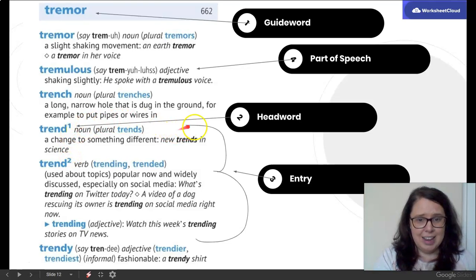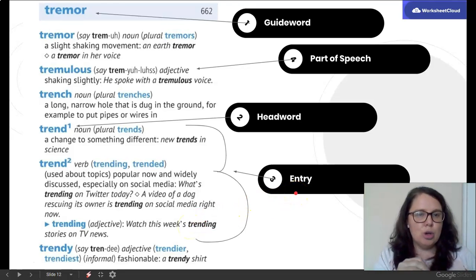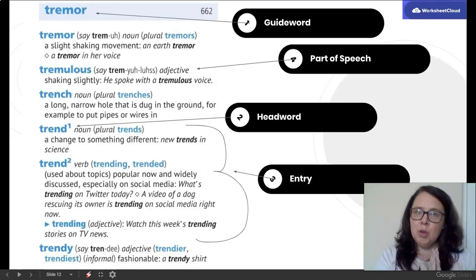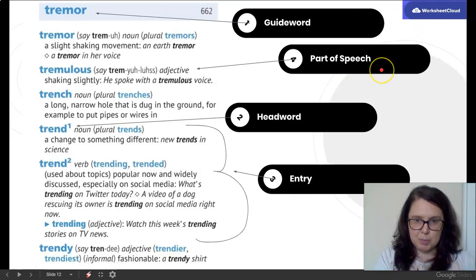All the information, everything about "trend," is called the entry. So the word, the part of speech, the plural, the explanation, all of it is the entry. All right, so on this slide we have seen guide word, part of speech, head word, which we are looking up, as well as the entry, all the information.